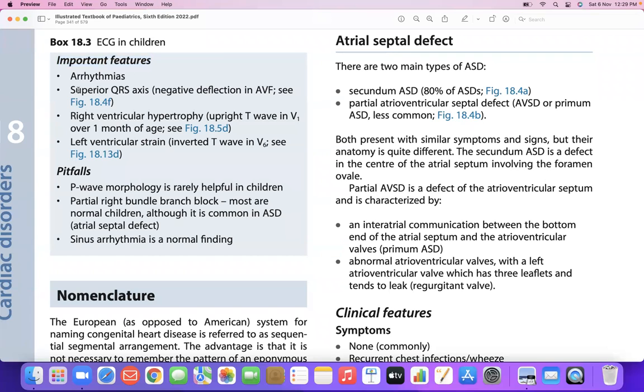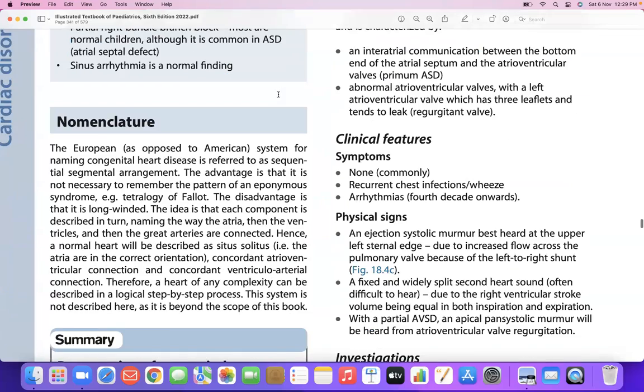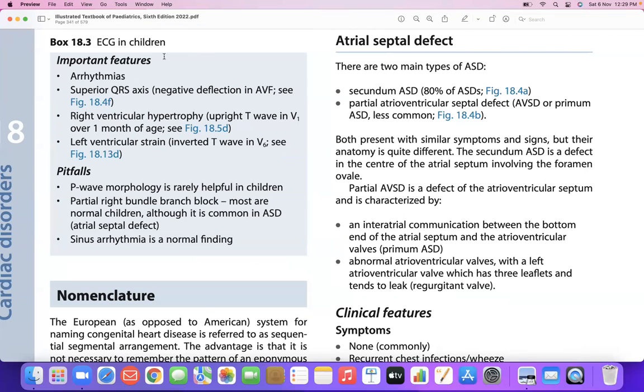And other things you should know, what is superior QRS axis. Superior QRS axis, just remember it as negative deflection in aVF. Later all these pictures will come, what is superior axis and everything. You have to remember that in lead aVF there will be negative deflection. If there is negative deflection in lead aVF, it is called superior QRS axis.